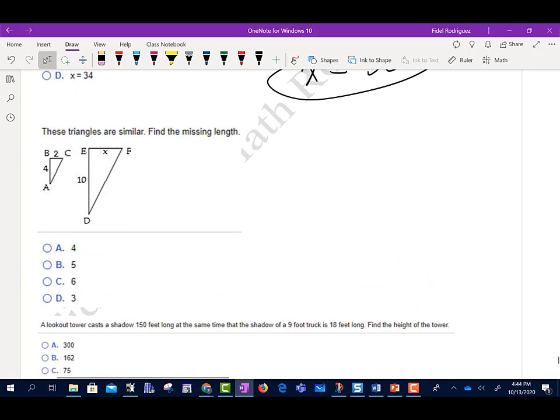Let's see, we got another one here. It says the two triangles are similar. Find the missing length. Okie dokie, we can do that. Sorry guys, this pen keeps freezing up on me. There we go. Okay, so let's say 2 over 4 is equal to x over 10.